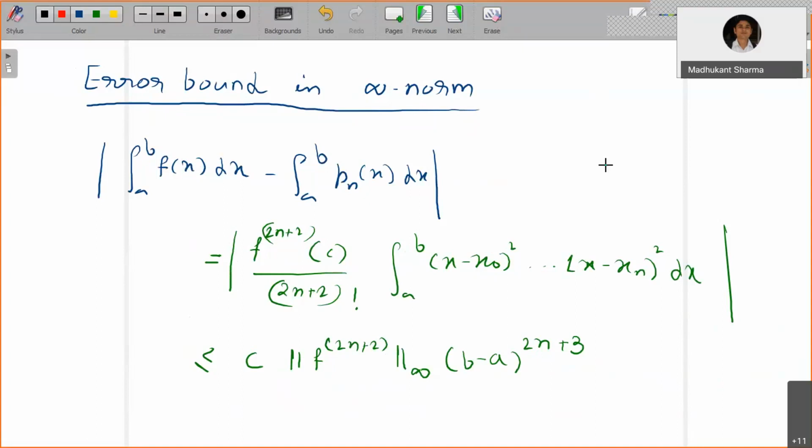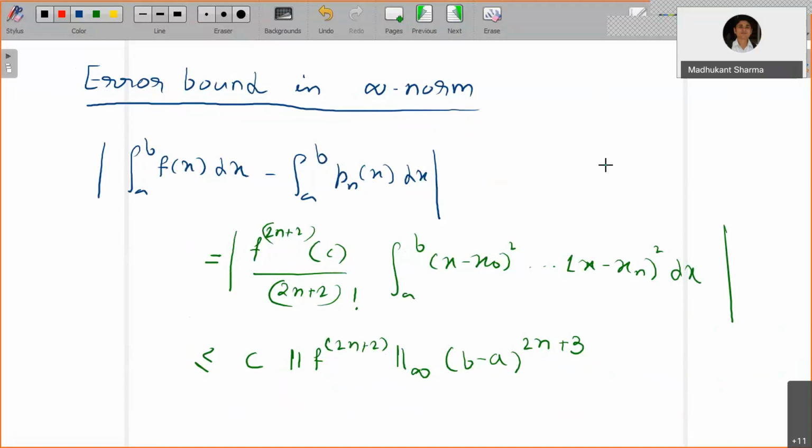Whenever we interpolate a function by choosing n plus 1 interpolating points, you are very well aware of the result that no matter what interpolation points you choose, there always exists a continuous function such that the interpolating polynomial does not converge to the given function f in maximum norm. You have seen that, like the Runge phenomenon.